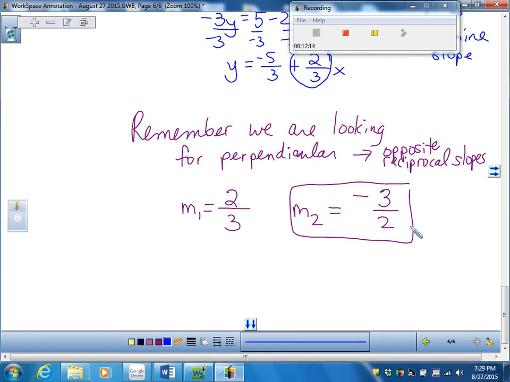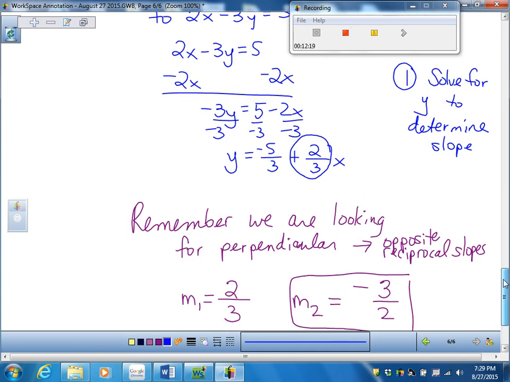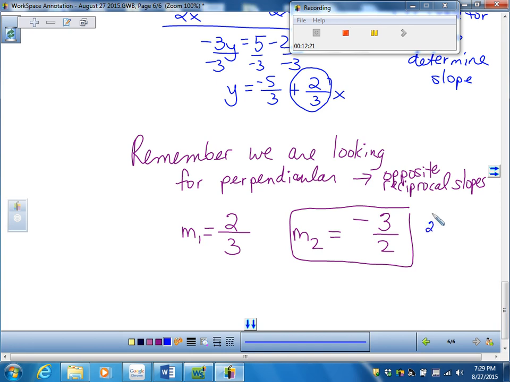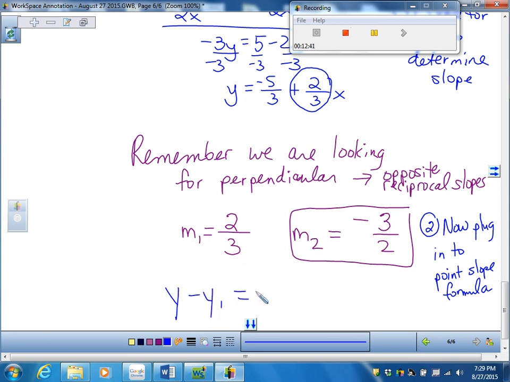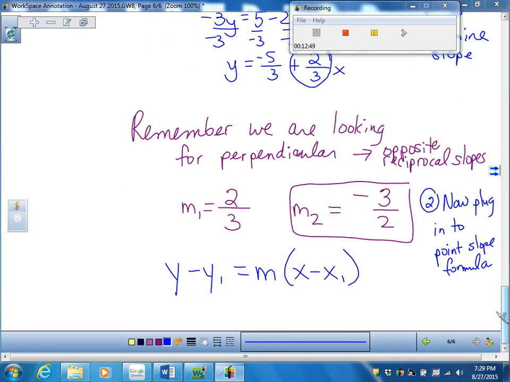So step 2 now that I've determined my slope, now we're going to plug into the point slope formula. So y minus y1 equals m times x minus x1. We still have the same point that we're using, which is 2, negative 1.